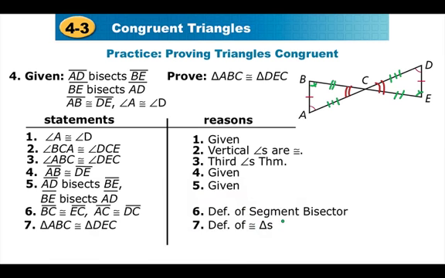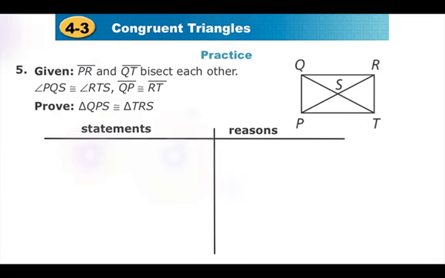Moving on to number 5. Number 5 will be the last one. Again, show or prove that these two triangles are congruent. Given information: PR and QT bisect each other, PQS and RTS are congruent, and QP is congruent to RT.